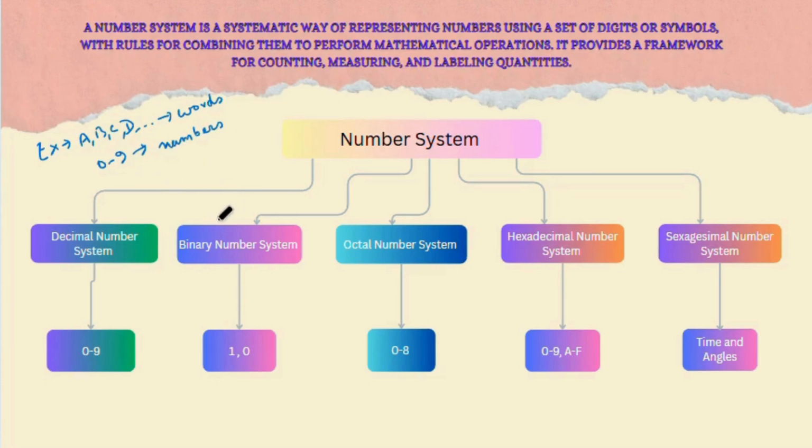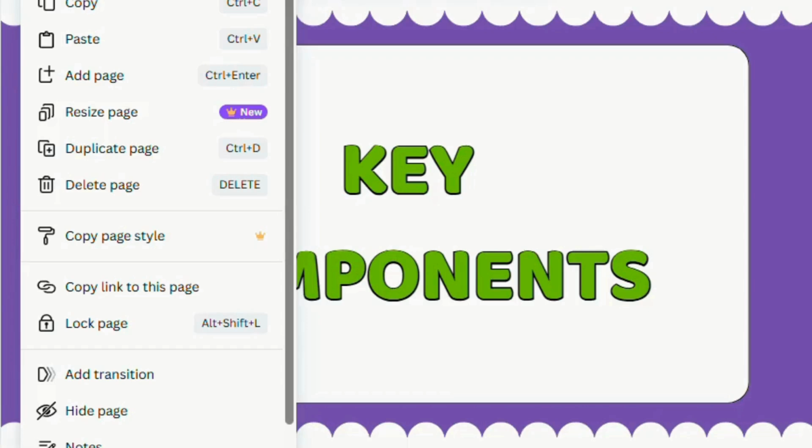So, where does this number system help us? It helps us in counting and calculating, representing quantities and measurements, and solving problems in maths, science, and everyday life. Before knowing all these types of number systems, we must know the basic key components of a number system.